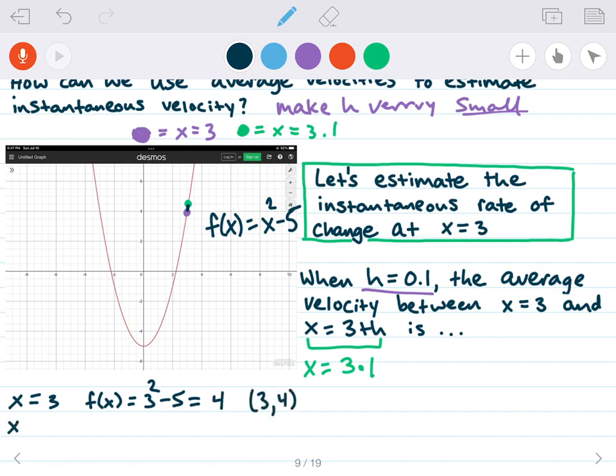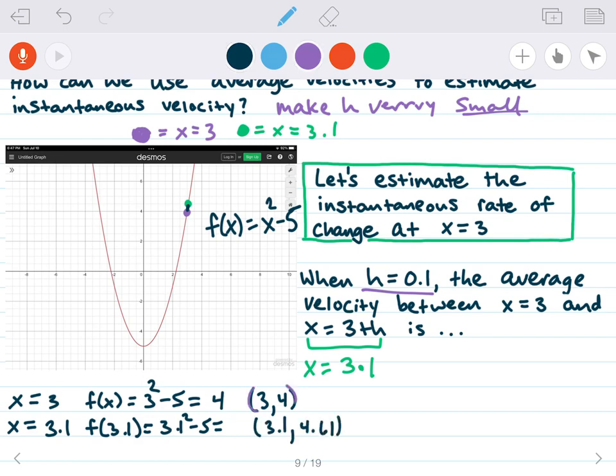And our second point, x plus h, we have 3.1. f of 3.1 is going to be 3.1 squared minus 5. Let's see what it is. 4.61. So this is 3.1 comma 4.61.